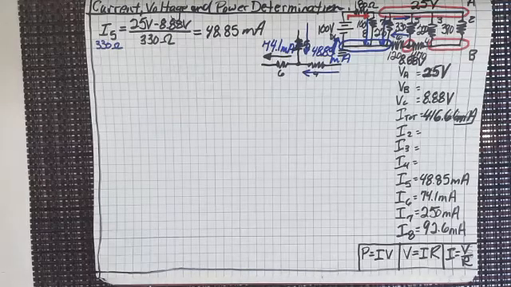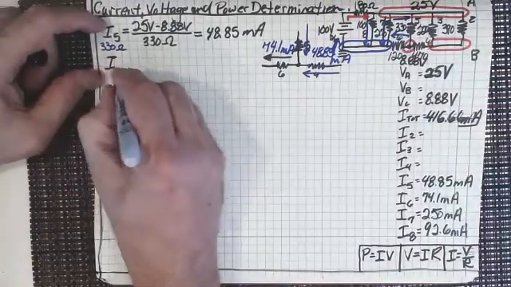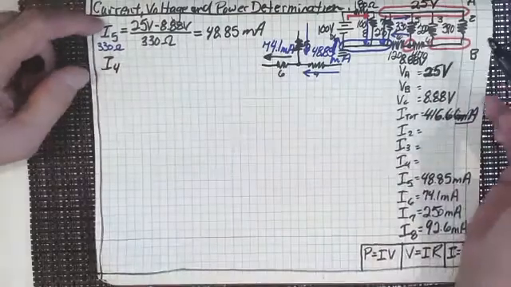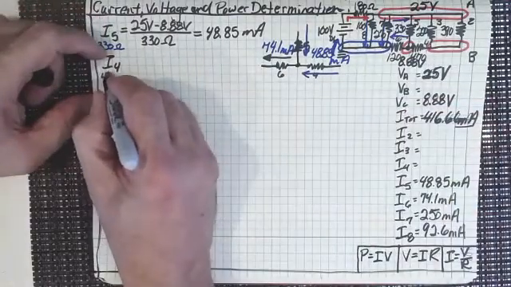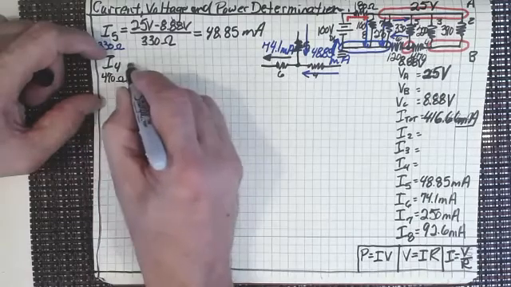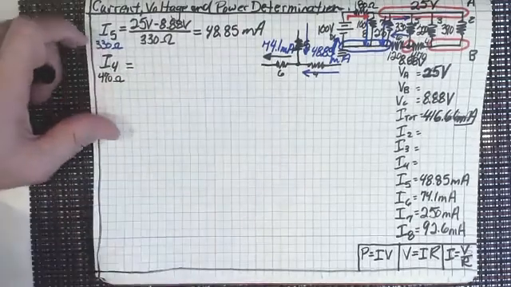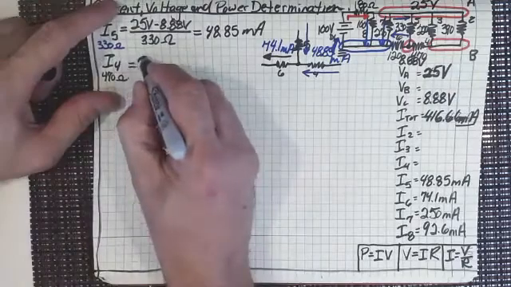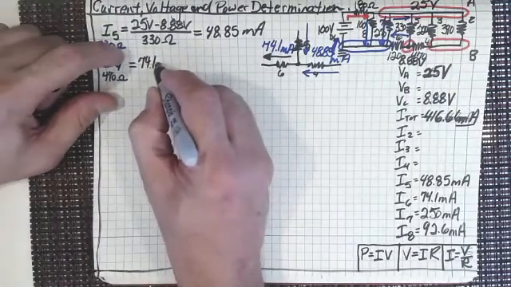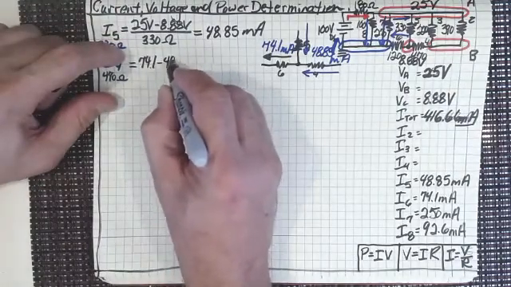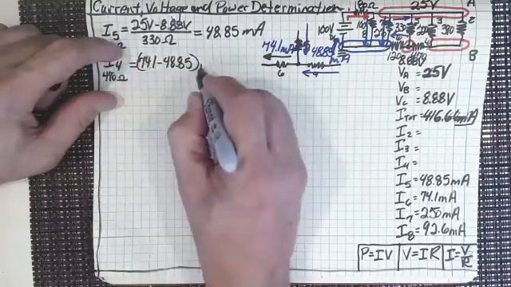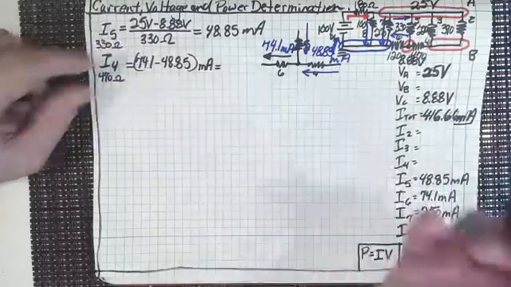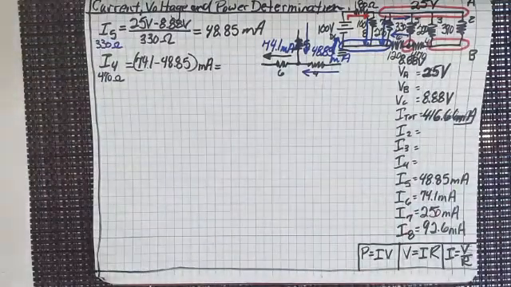What is I4 going to be? I4 is a 470 ohm resistor, but I4 is going to have 74.1 minus 48.85 milliamps flowing through it. I think everybody can see that.